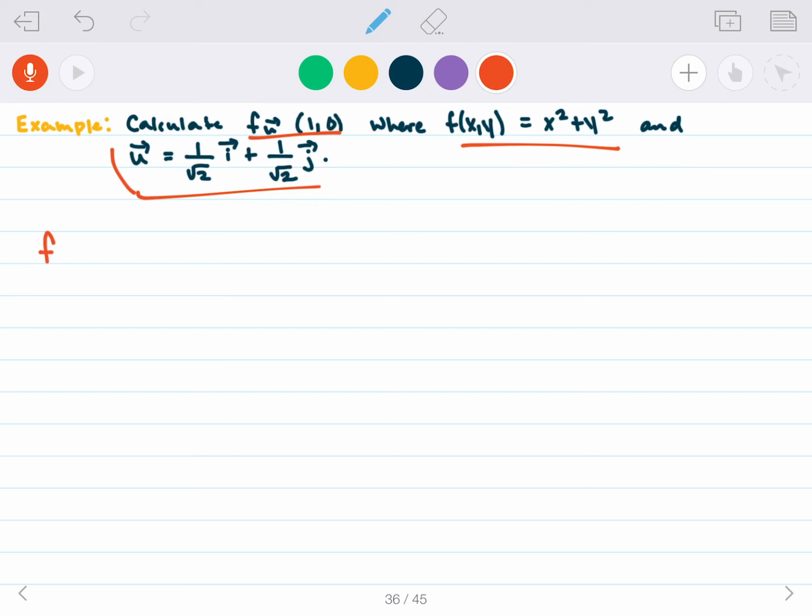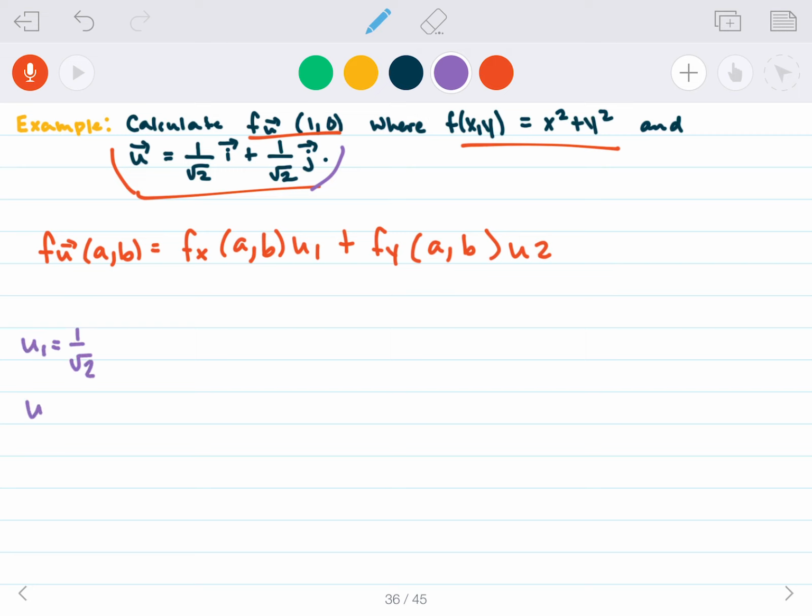Our definition said that the directional derivative is going to be equal to the partial with respect to x at (a, b) times u1, plus the partial with respect to y at (a, b) times u2. First of all, u1 and u2 are the components of the unit vector u. So u1 is going to be 1 over root 2, and u2 is also going to be that.